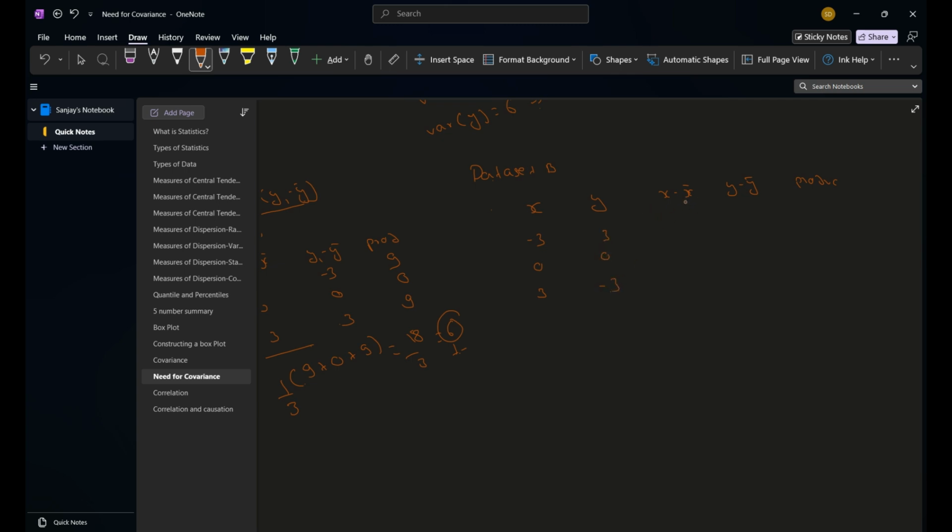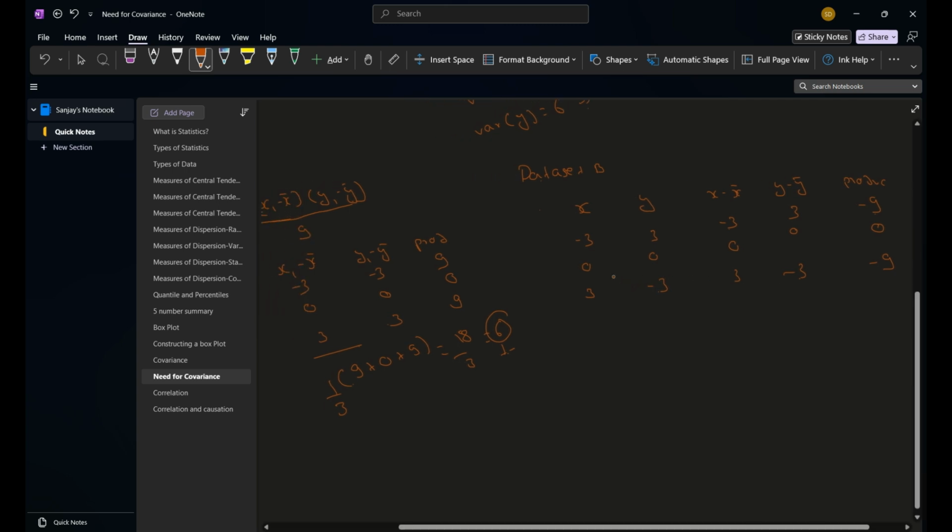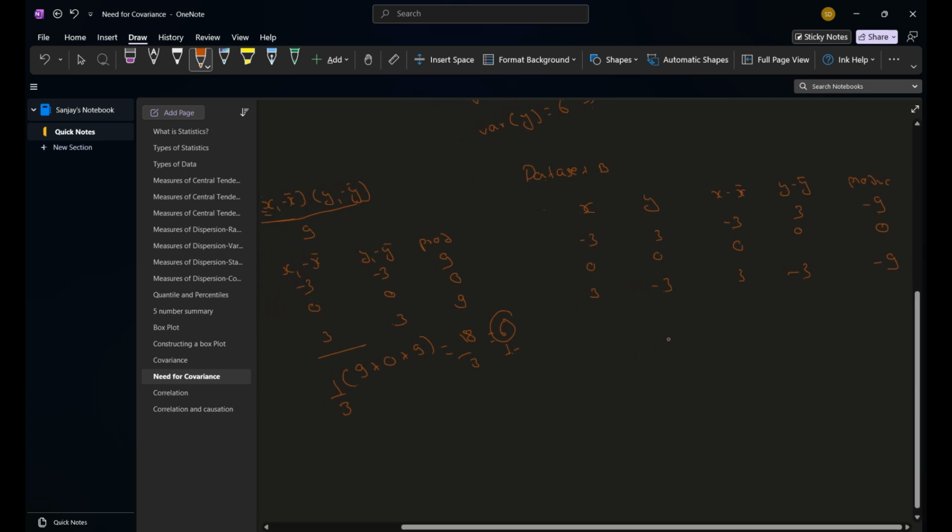And when we calculate xi minus x bar, because x bar is 0 itself, we will be getting the same values, 3, 0, minus 3, and the product here is minus 9, 0 and then minus 9. So when we calculate the covariance for dataset B, we will be getting 1 by 3, which is the number of data points, then minus 9 plus 0 plus minus 9, it's minus 18, divided by 3. The covariance will be minus 6.